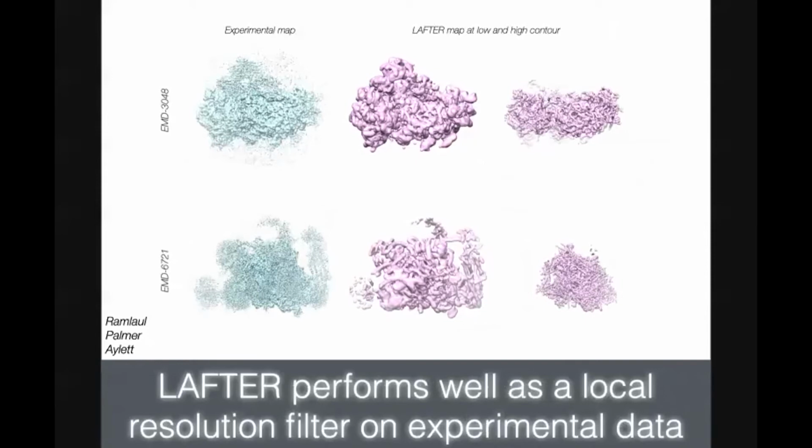When we actually look at experimental data, that's all that we really care about, obviously. LAFTER performs extremely well as a local resolution filter. Because it's working on SNR, we get the lower SNR signal showing up at lower contours, as you can see here in comparison to the experimental map, and all of the popcorn in the experimental maps is gone, and we still retain the high resolution features at relatively higher contours.